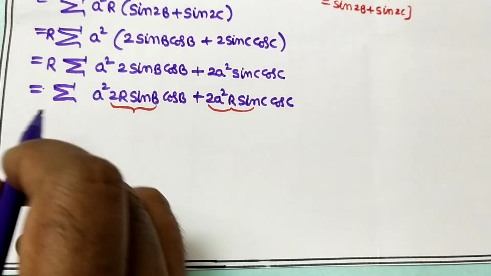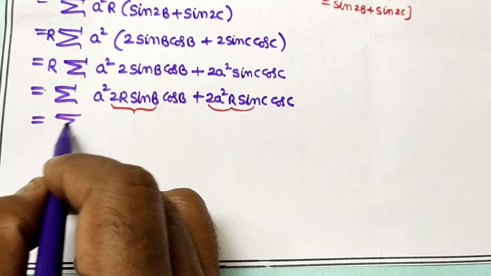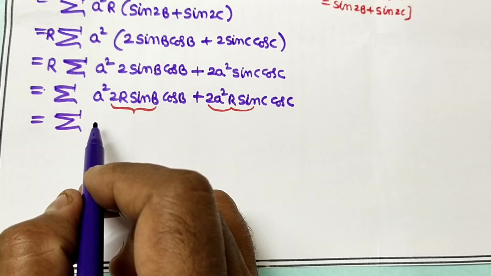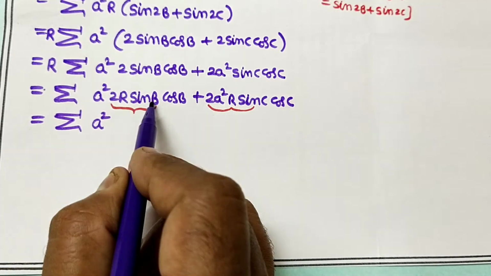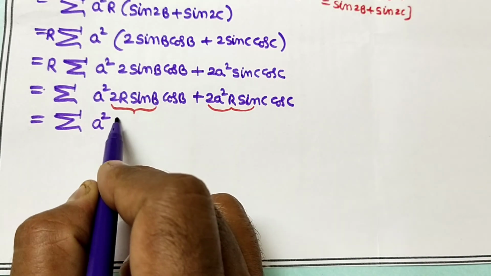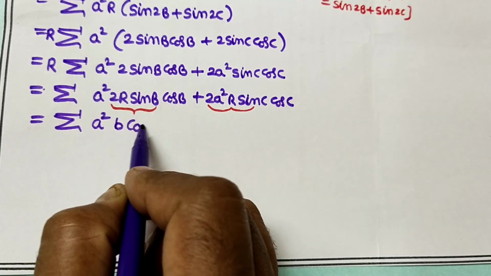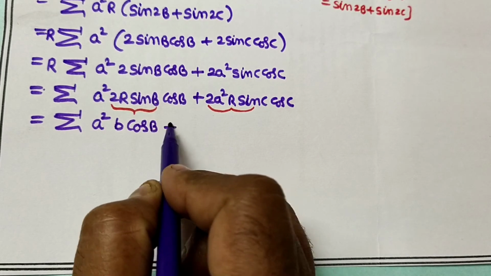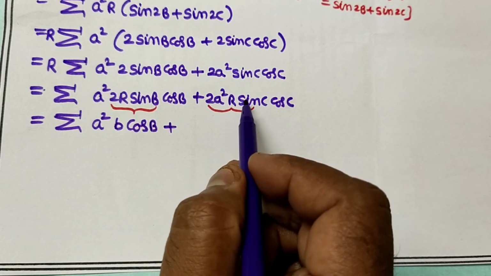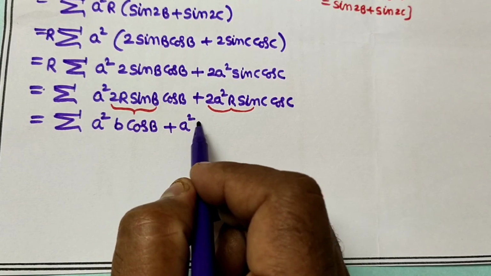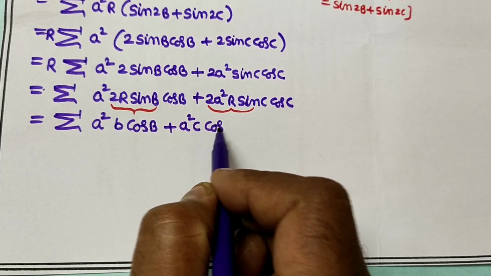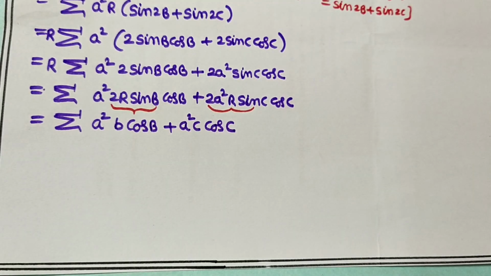Here no need to write why, because in previous sessions we discussed. Now a square, in place of this 2R sin b we write small b into cos b, plus 2R sin c, from that c, so a square c into cos c. After that, what term will be common from these two?